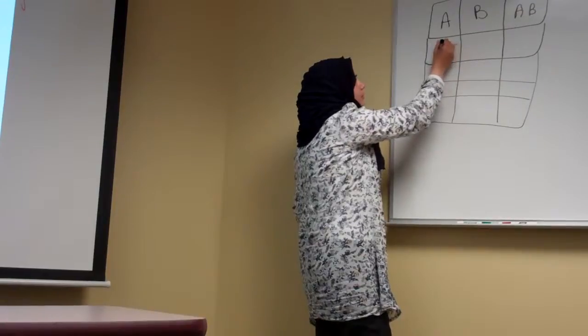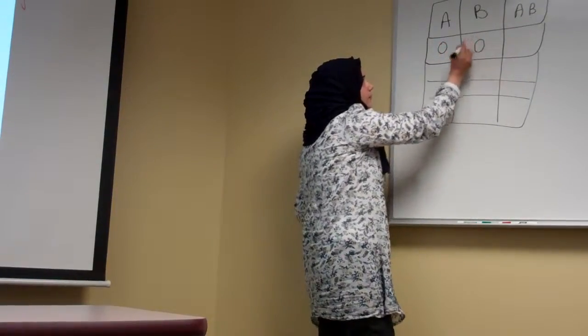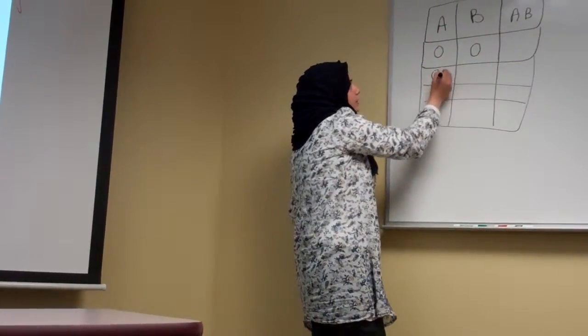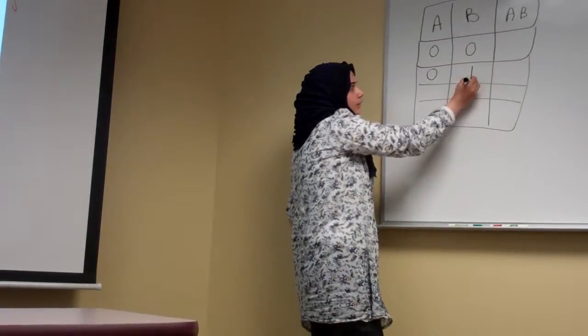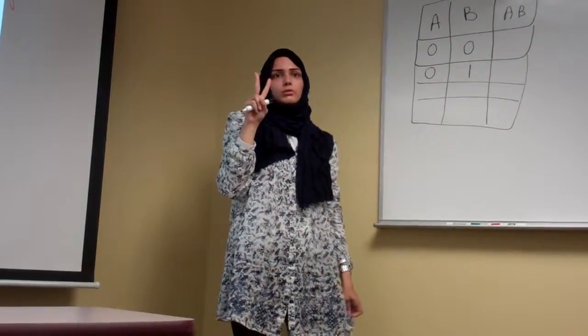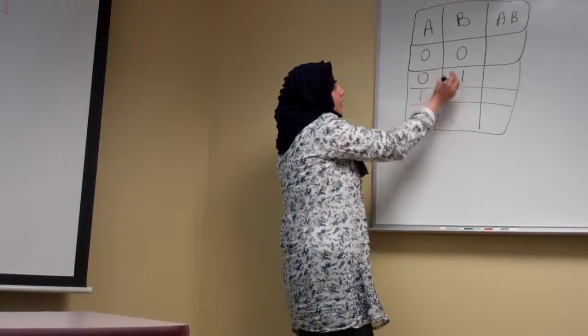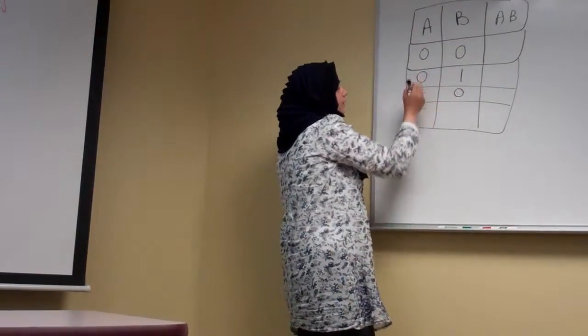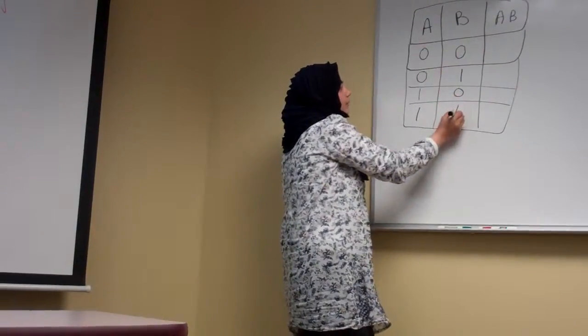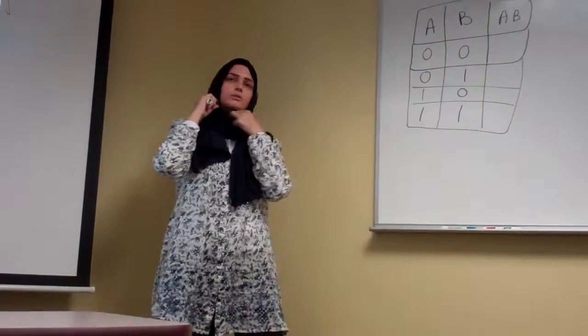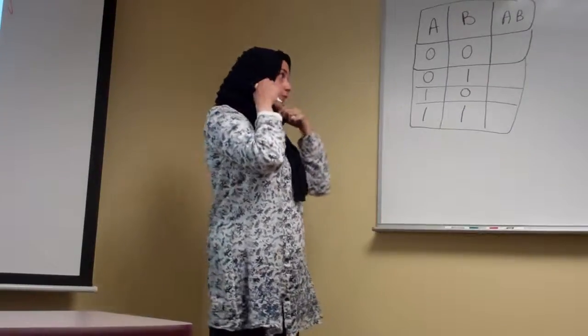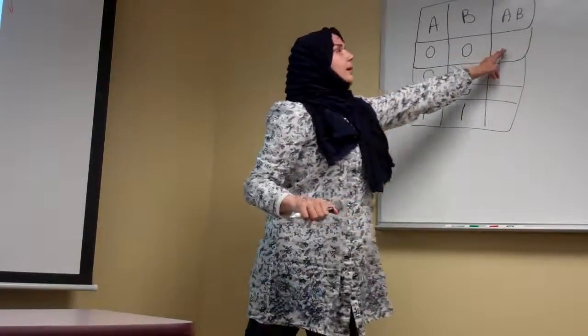A may be 0 and B 0. A could also be 0 and B 1, because we only have two values. And if A is 1, B will be 0, and if A is 1, B will be 1. These are all the possible choices for this input.